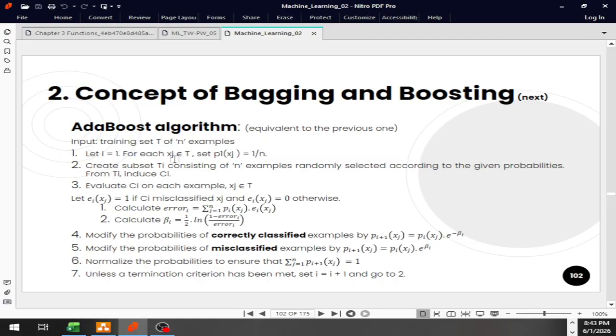So where is the trick here? When we create the subset, for example T1, it means we go to the root dataset, the original one, we take an element or we make a copy. If we are speaking physically, we mention it, we took it, and we put it back.